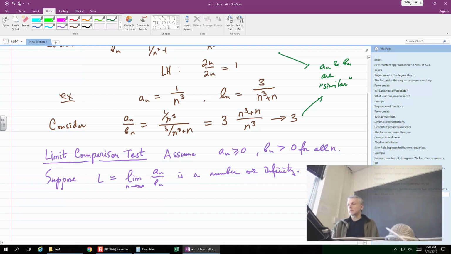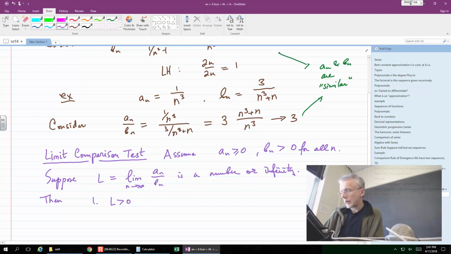Now it has three possible outcomes because it doesn't have to be monotone. It can have the third outcome, and that is simply that the limit doesn't exist. So we assume that the limit does exist, either as a number or as infinity, which means that it is once again informative. Then we have three cases. Number one: L is a positive number.